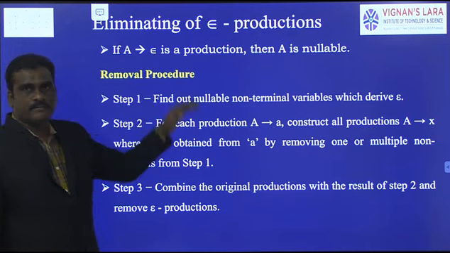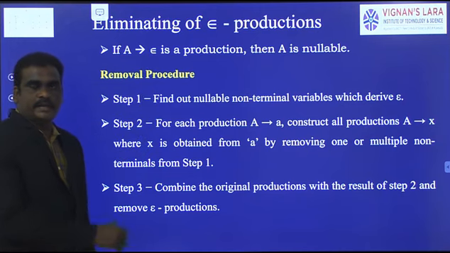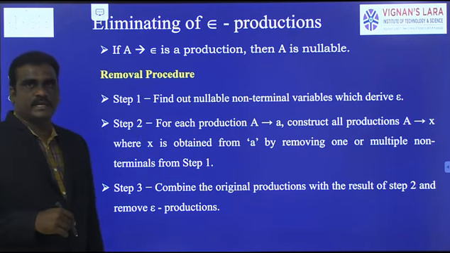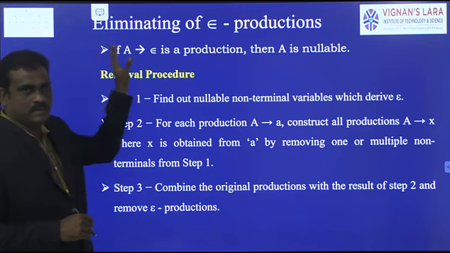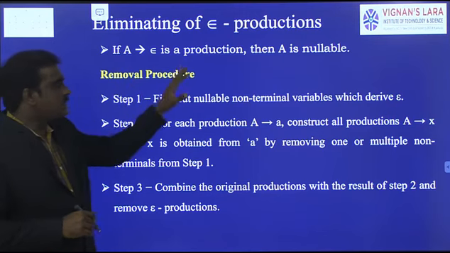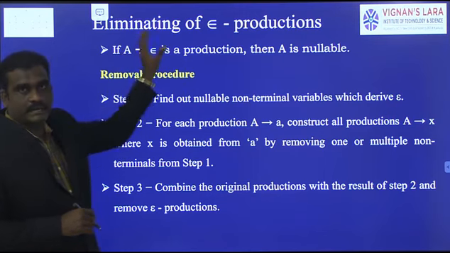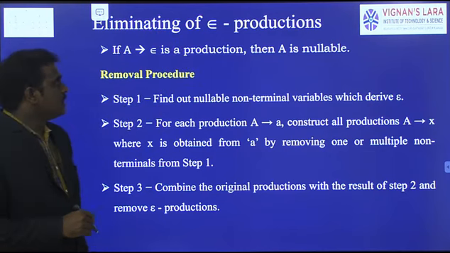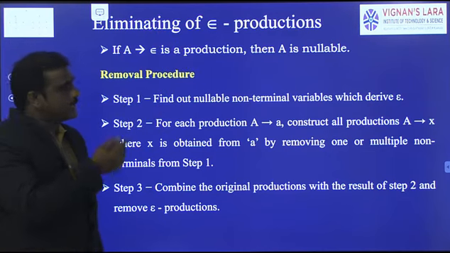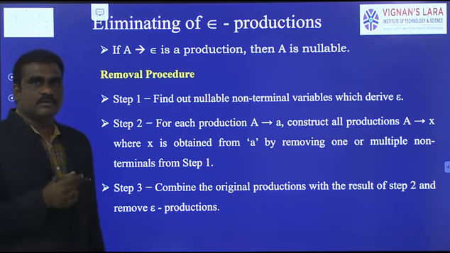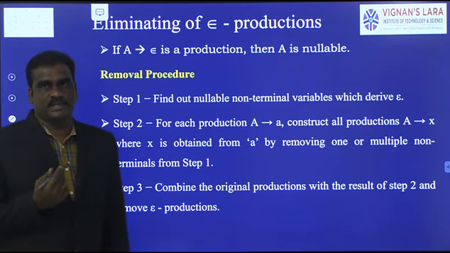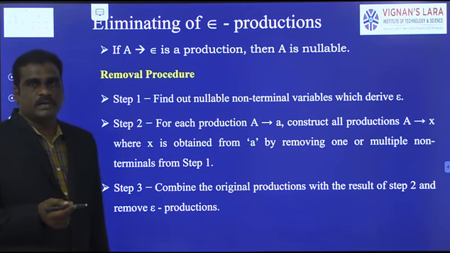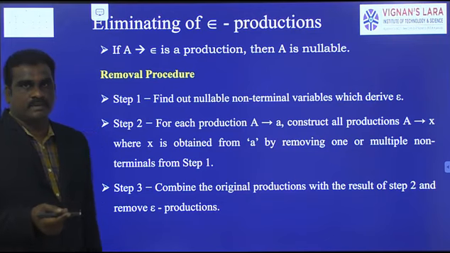So eliminating of epsilon production. In the simplification of context free grammar process, this is step 1. This is the first step. In the first step we have to eliminate the epsilon production. Before eliminating the epsilon production, first we have to identify the epsilon production. So what is meant by epsilon production?